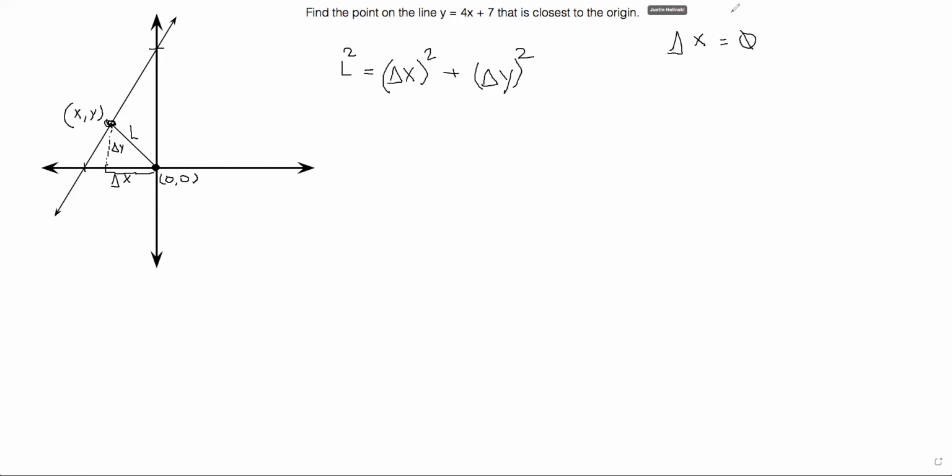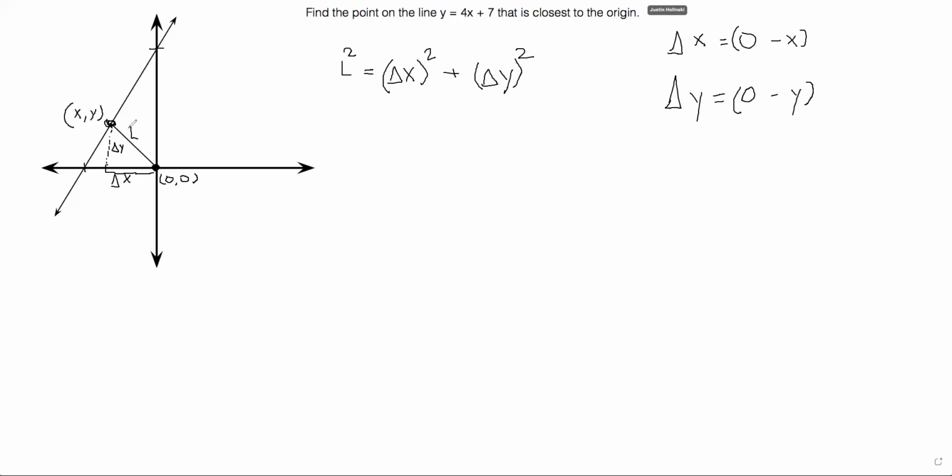I think it's clear enough. So I'm just going to make delta x into 0 minus x. And then we have something similar for delta y. Delta y is going to be, you guessed it, 0 minus y.